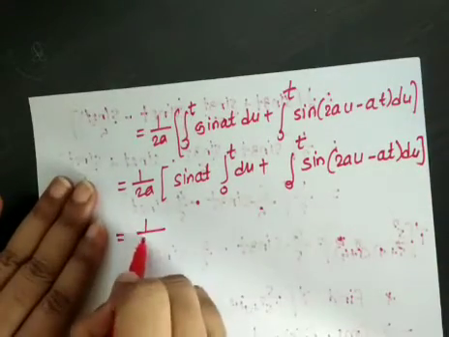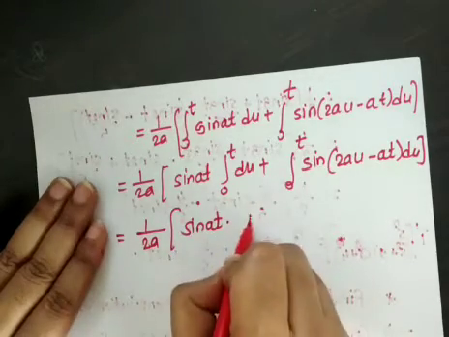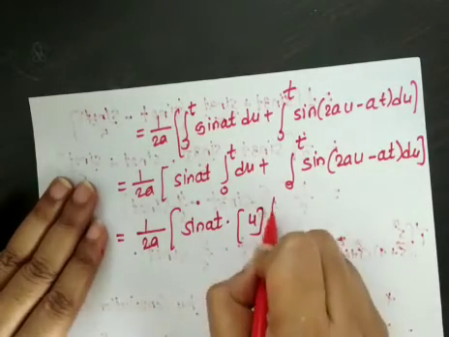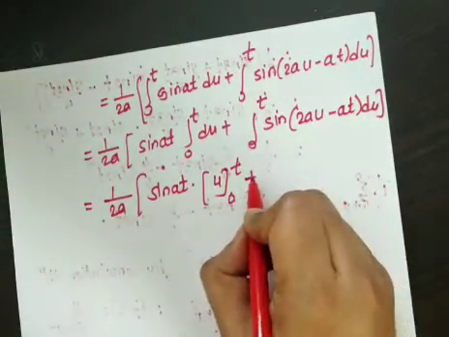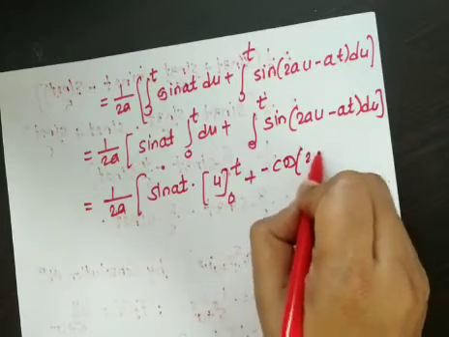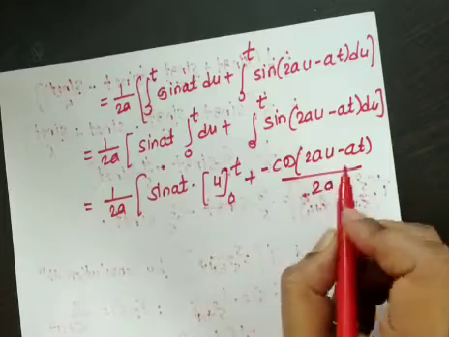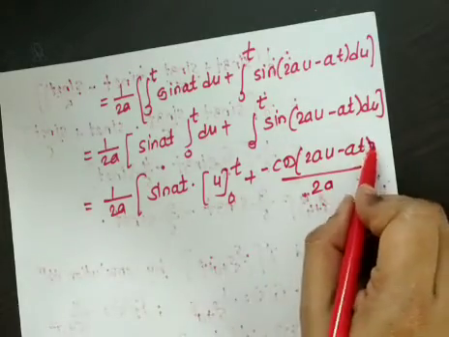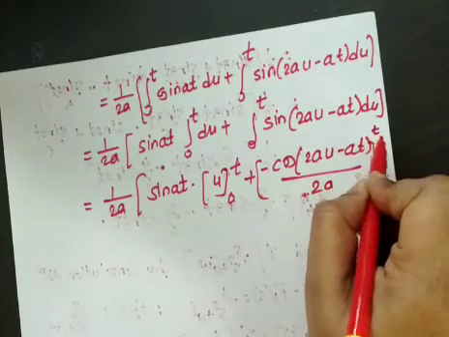That is 1 upon 2a sin at into integration du, that is u, from 0 to t, plus integration of sine, that is minus cos(2au minus at) upon 2a, and this is from 0 to t.